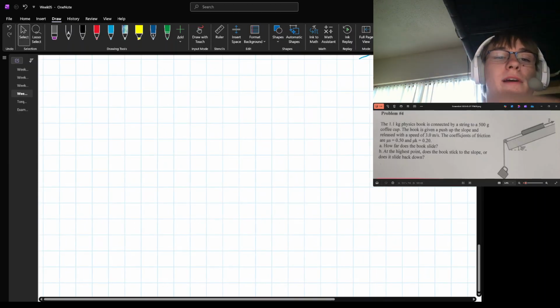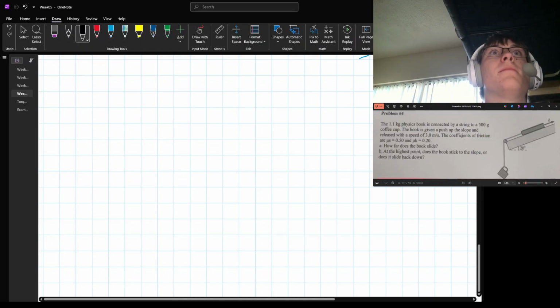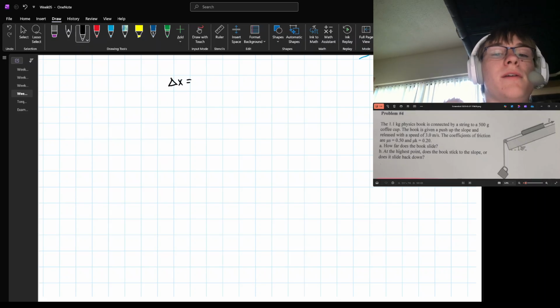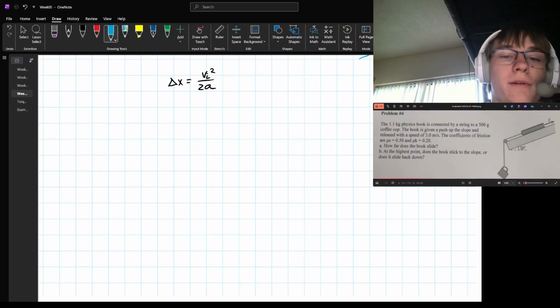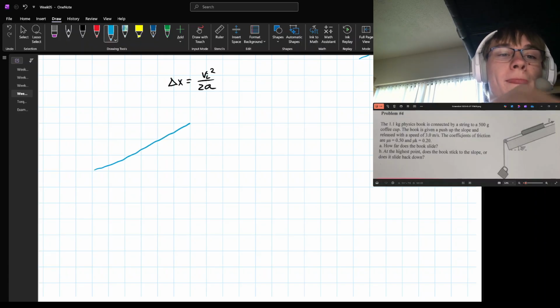We're going to start by laying out the important things. The important equation we're going to need is delta x equals vi squared over 2a. It's really the only one we need here. For the free body diagram, we've got a slanted slope. We'll make that blue. Then we'll draw in our book.